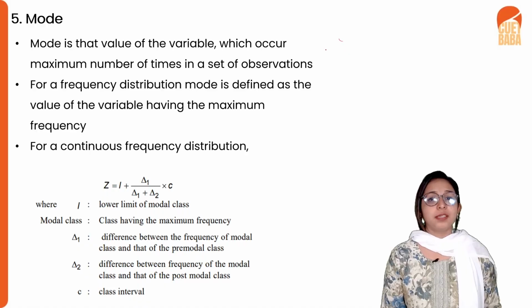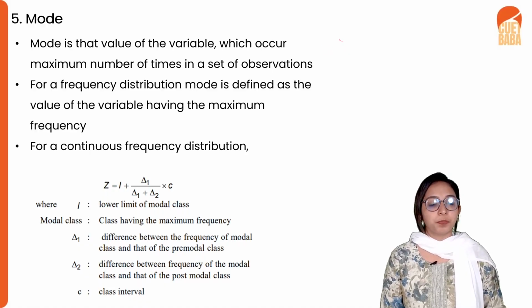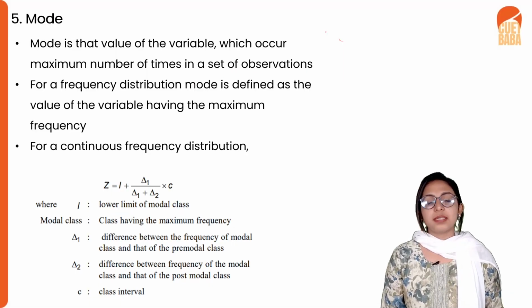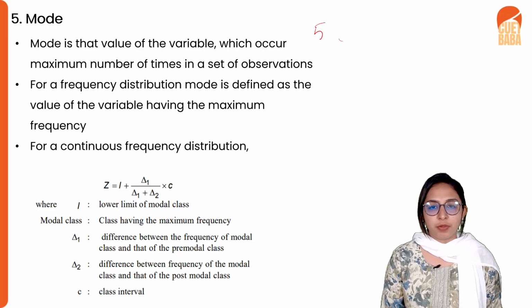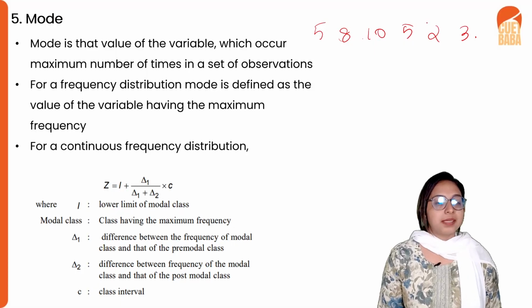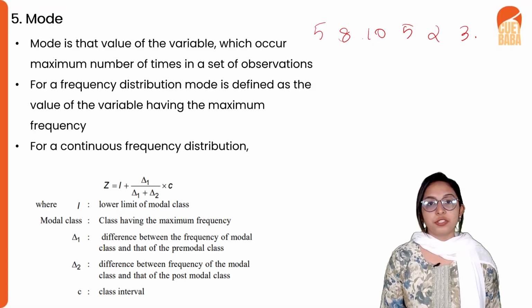The fifth topic under measures of central tendency is mode. Mode is that value of the variable which occurs the maximum number of times in a set of observations. Let us consider a set of observations: 5, 8, 10, 5, 2, 3. From this, which observation occurs the maximum number of times? 5 occurs 2 times, 8 once, 10 once, 2 once, and 3 once.